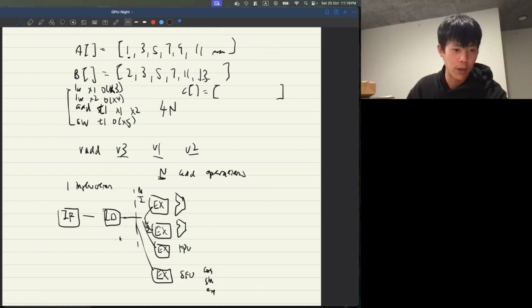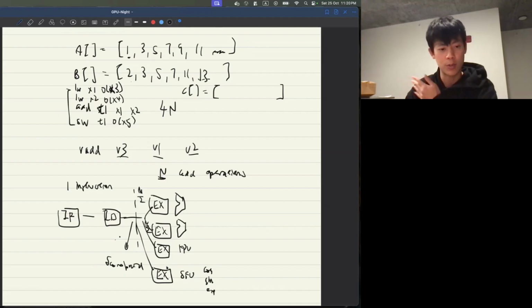The instructions come over, and something over here called the scoreboard will say, okay, I look at this instruction, what type of units will it use? Does it use arithmetic units, in which case it goes to the normal ALUs. If it requires floating point units, okay, I'm going to assign you to the floating point execution unit. If you need to use a special function unit, I assign you to the special function unit.